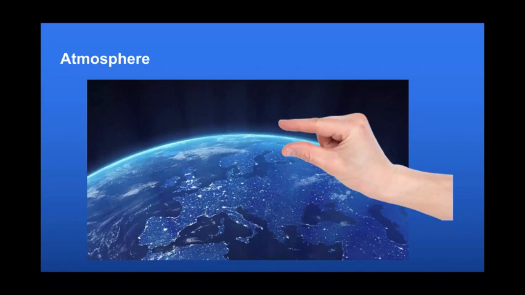We've allowed that to get kind of out of whack, and it's now absorbing a lot more energy from the sun and not letting it re-radiate back into space.